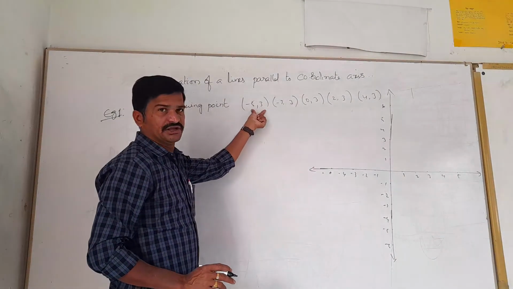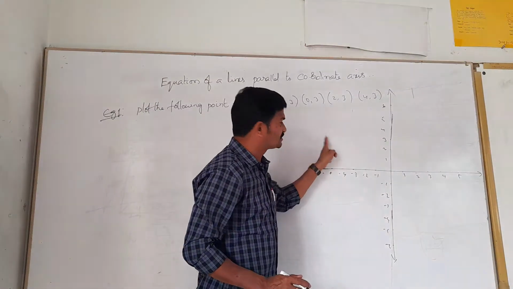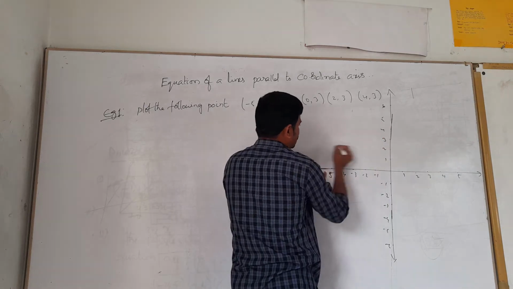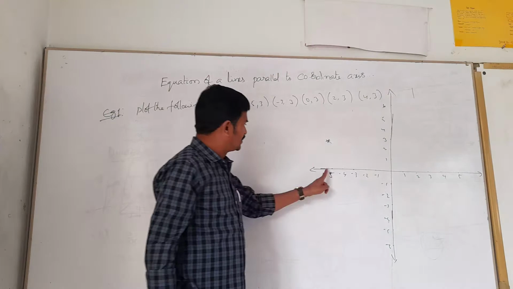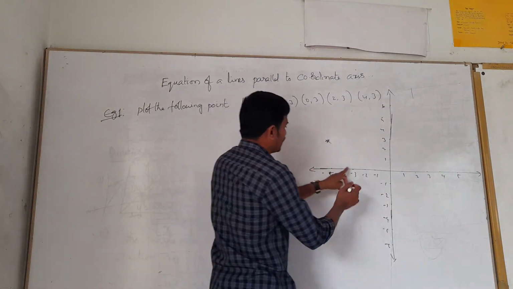From minus 5, 3: x is negative, y is positive, which means the second quadrant only, na? This is minus 5 and this is 3. Where these two intersect, this is the point. Next, minus 3, 3.